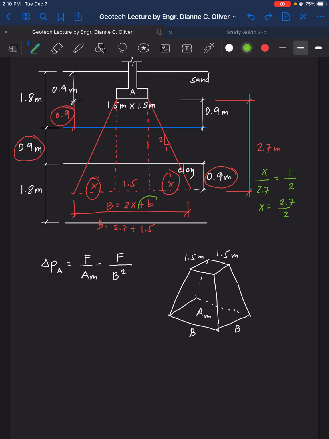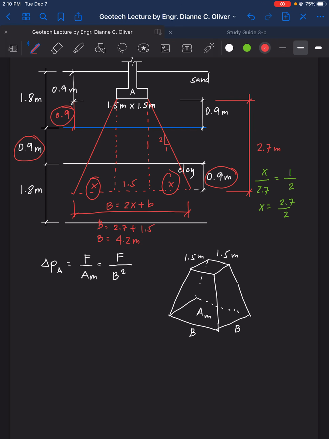Then what's small b? Small b is the width of the footing, which is 1.5. Therefore, the value of B now here is 2.7 plus 1.5 equals 4.2 meters.